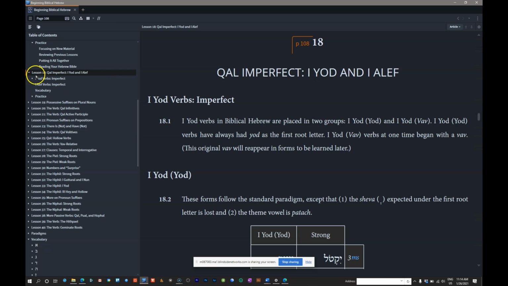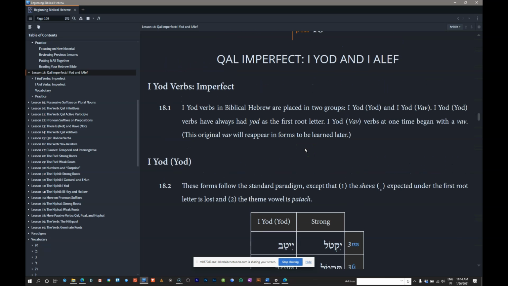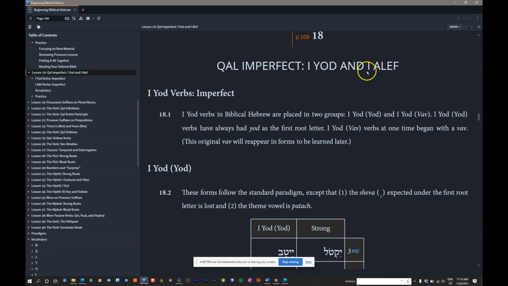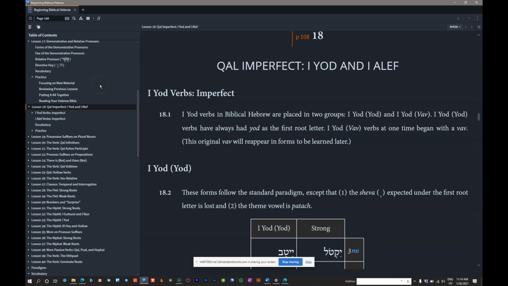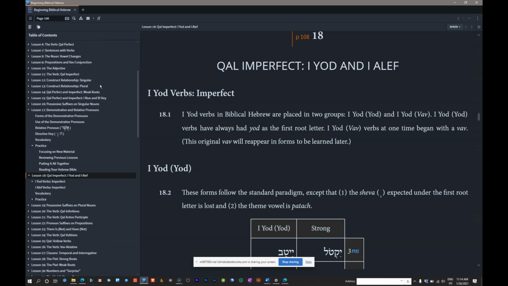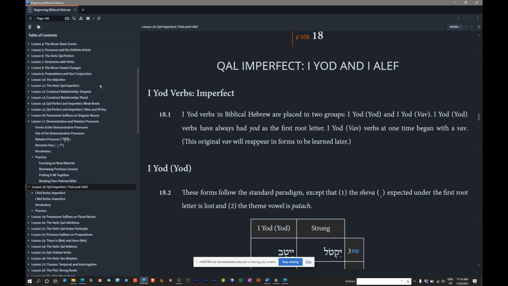Now, are you talking about lesson 18, the lesson for unit 2? Yep. Okay, perfect. So, the basic ideas here, the one yod and the one aleph, all this is saying is, in Hebrew 1, let me see where we covered it.